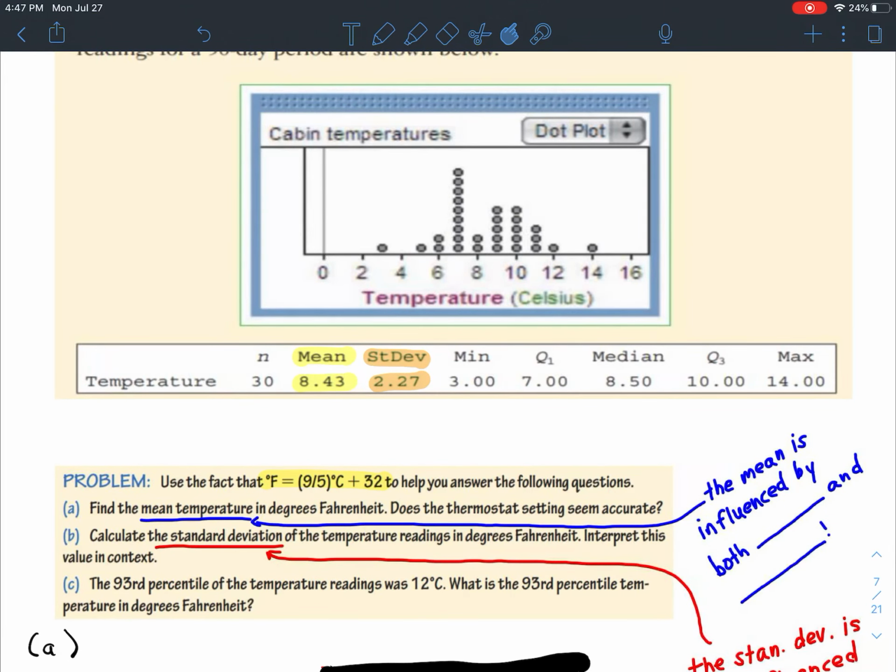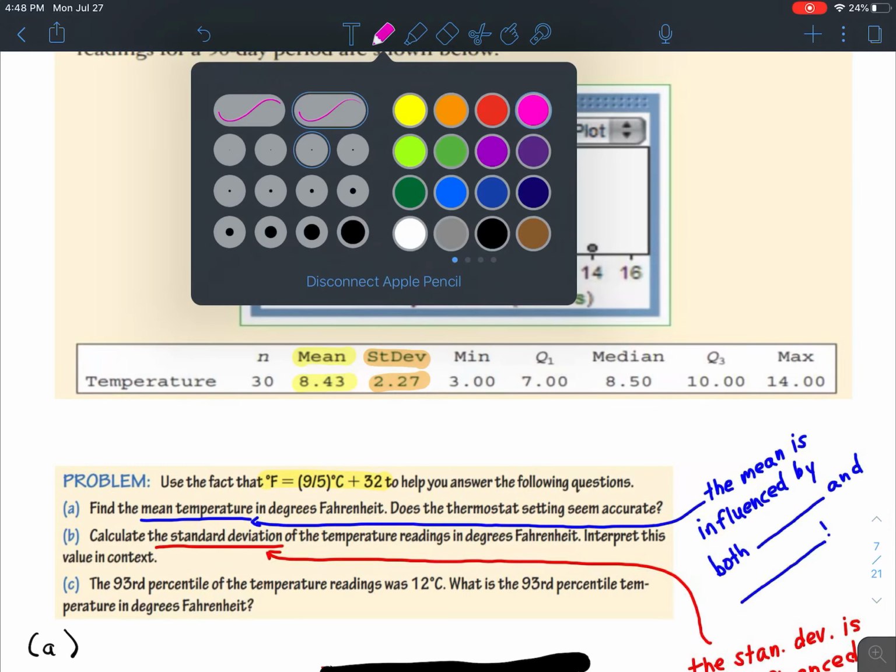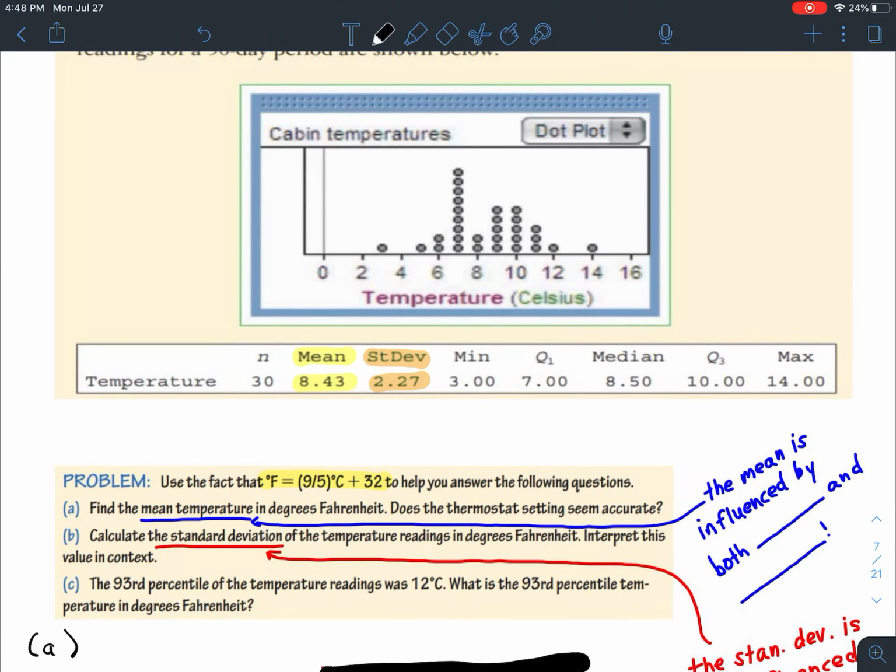It says use the fact that Fahrenheit equals 9/5 times the Celsius temperature plus 32 to help answer the following questions. First and foremost, it says find the mean temperature in degrees Fahrenheit. Now here's what we need to remember. The mean is influenced by both addition and subtraction and multiplication and division.